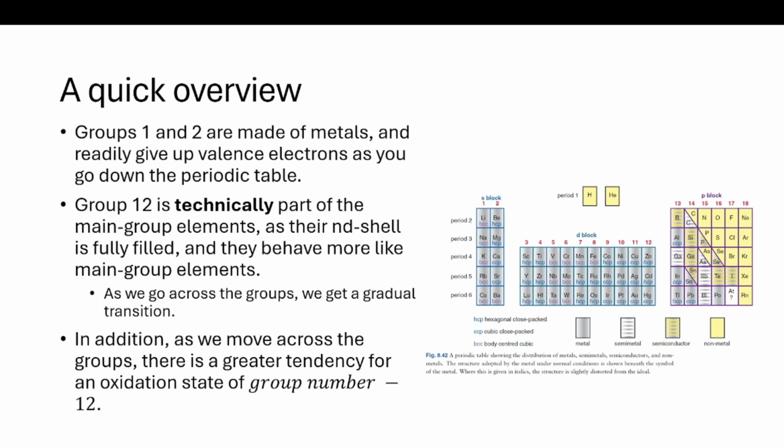So let's talk more about the properties of these groups. I already went over groups 1 and 2 and group 12, but I also wanted to talk about trends as we go across these groups. So say for example, we start at group 1, we go across to group 18. According to this image I pulled directly from the textbook, we see that we get a gradual transition from metals such as lithium and cesium all the way to non-metals such as argon and fluorine.